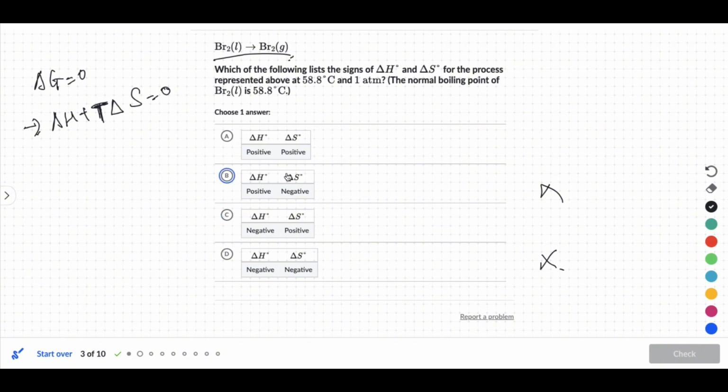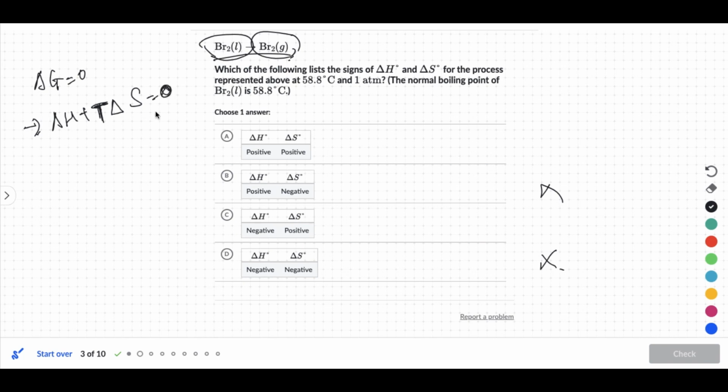So that is kind of obvious. Moreover, for the process represented, it's changing from liquid to gas, and normally you need to heat up a liquid in order to turn it into gas.